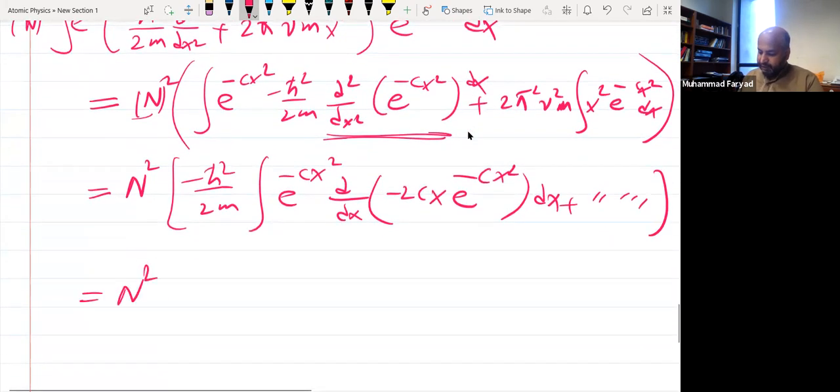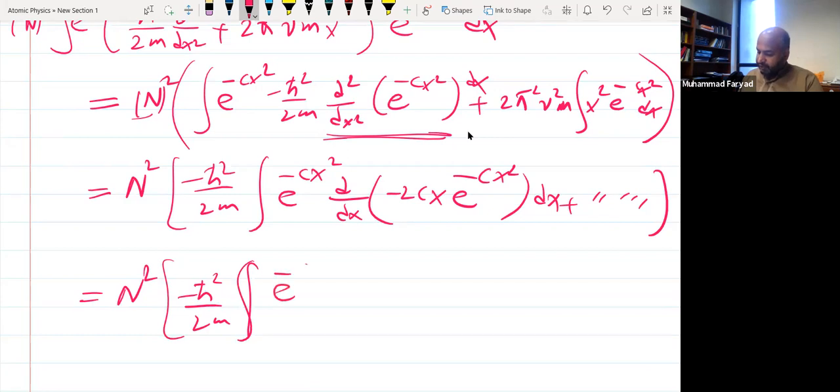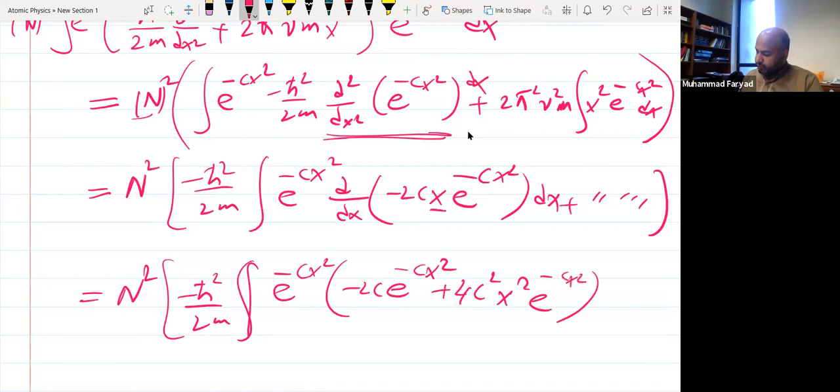Then we operate with this derivative again: exponential minus cx square and minus 2c exponential minus cx square, because the x derivative is 1 and this comes as it is, then we get plus 4c square x square exponential minus cx square, plus this term.